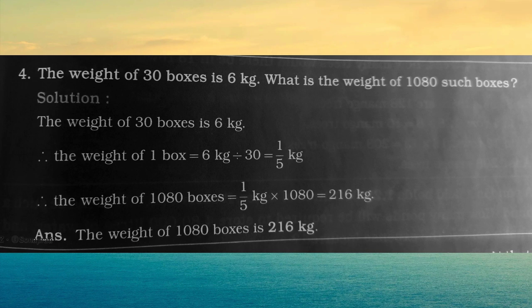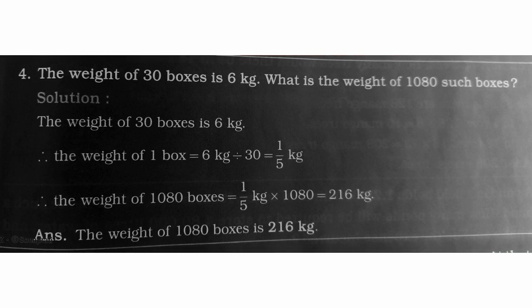So the answer is 1 upon 5 kg. To find out the weight of 1080 boxes, we'll multiply it with 1 upon 5 kg. Answer is 216 kg. The weight of 1080 boxes is 216 kilogram.